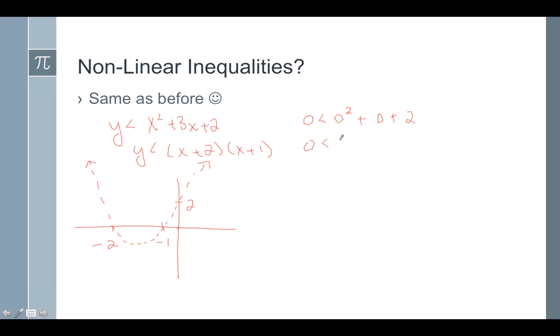And sure enough, 0 is less than 2, which means it's on the outside of the parabola, and therefore I shade on the outside of the parabola. The inside of the parabola is the non-solution region. Everything on the outside of the parabola will be a solution to this inequality.